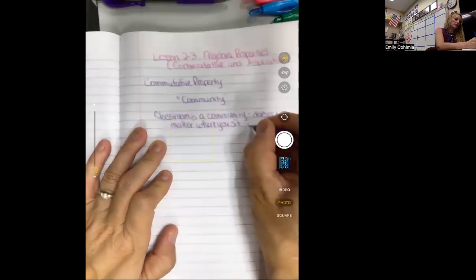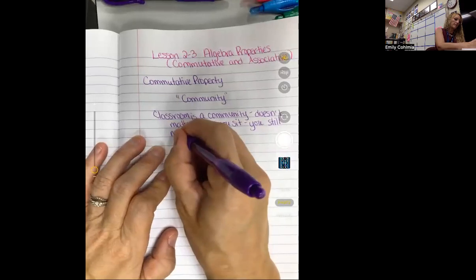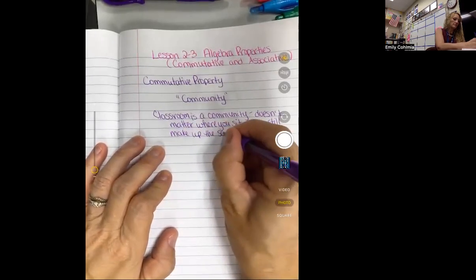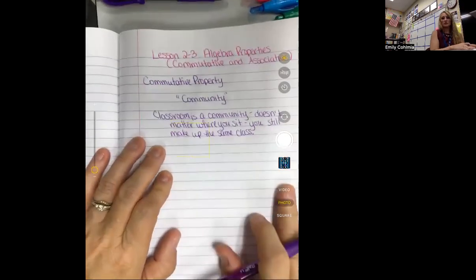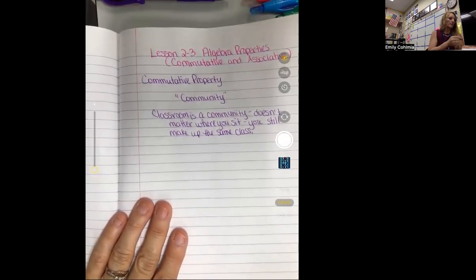You still make up the same class. So you're still in the same community, no matter where you sit in the classroom. The class makeup is still the same. So that's kind of what commutative property is.